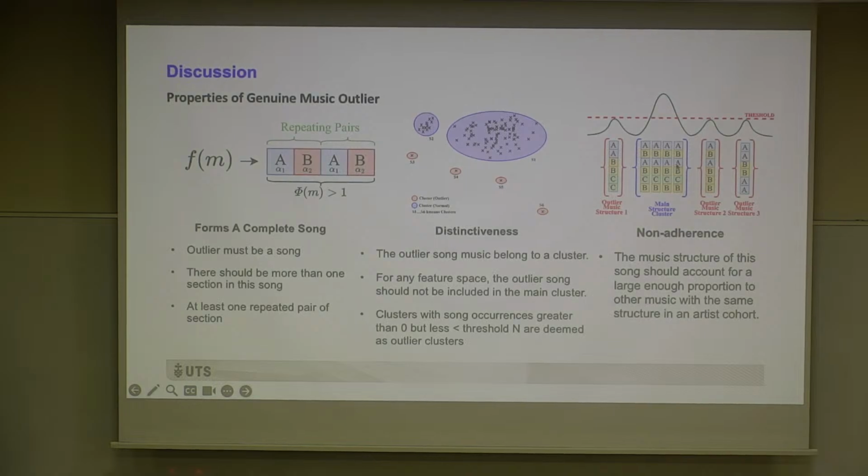For example, in this artist's music structure, they have the most dominant style of A, B, A, B, A, B, A, B, C, B style. They have different pairs of the music structure as in the outlier's structure.